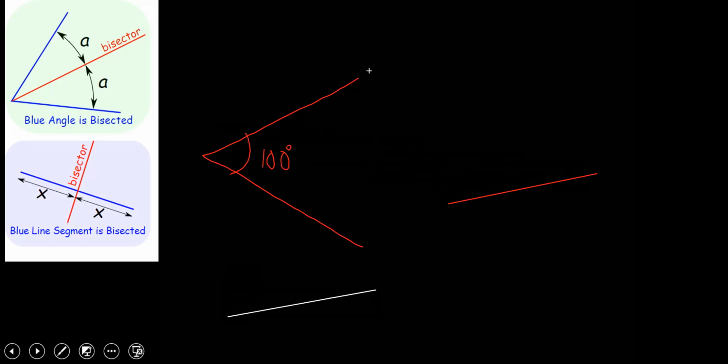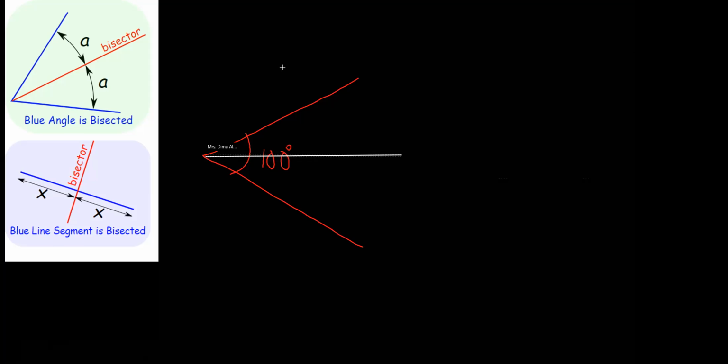If I have this angle and its measure is 100 as an example, and there is a bisector that comes and intersects the angle, it bisects the angle.